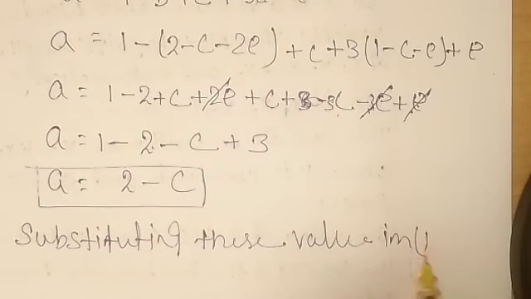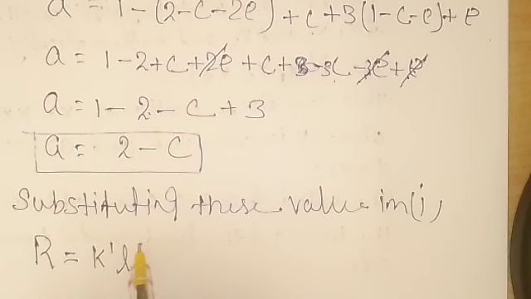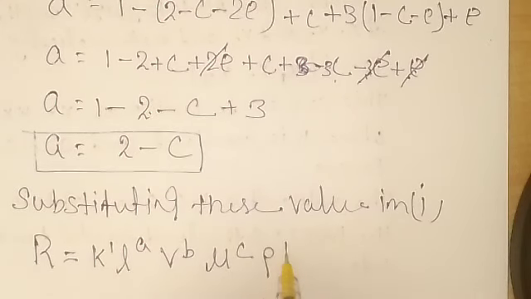in equation 1, right? So 1 is, again I can write this, R is equal to k prime L to the power of a, and this is V to the power of b, mu to the power of c, rho to the power of d, and k to the power of e, right?